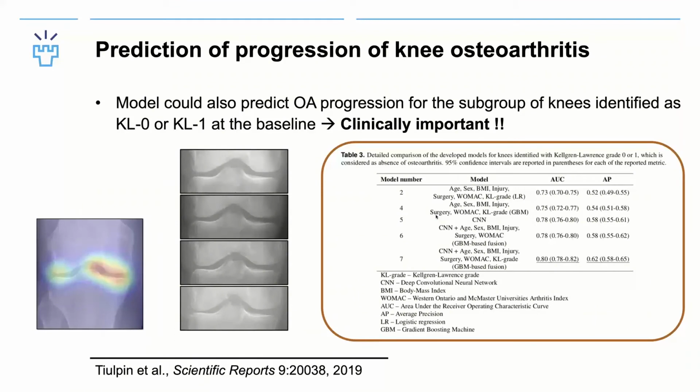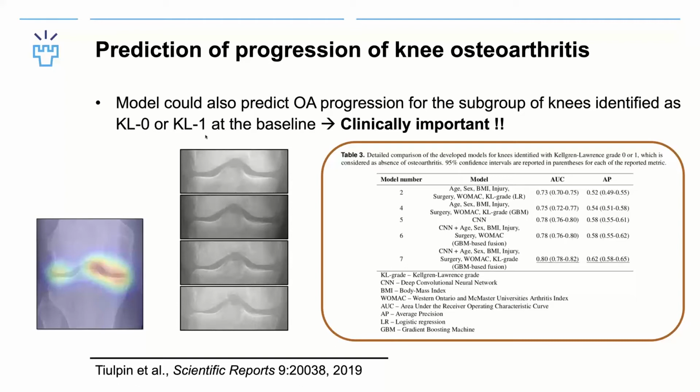A clinically important finding in the study was also that it could predict osteoarthritis progression for the subgroup of knees which were identified as KL0 or 1 at the baseline. KL0 or 1 at the baseline means that they would be evaluated clinically as normal.